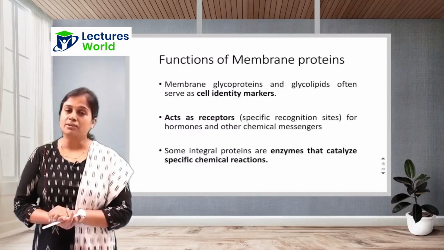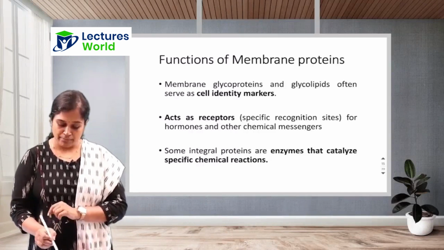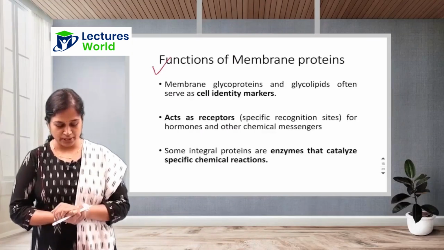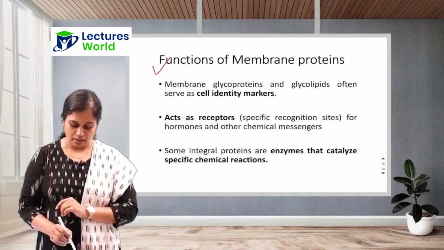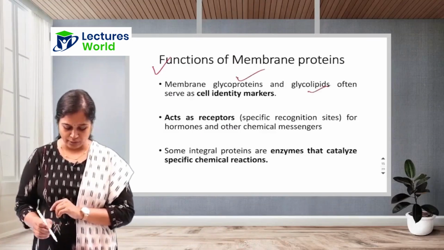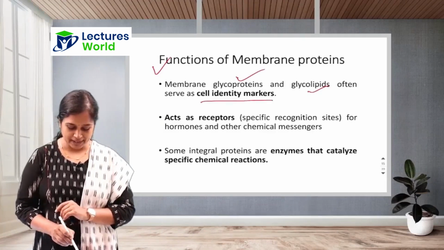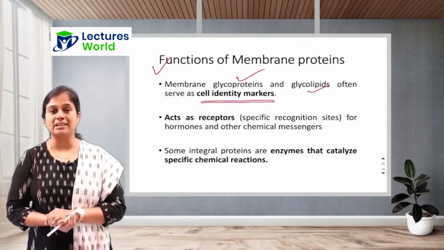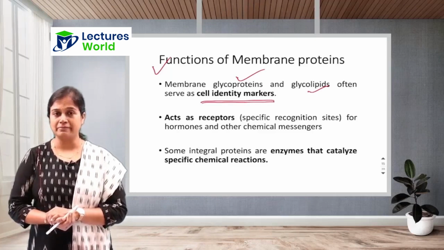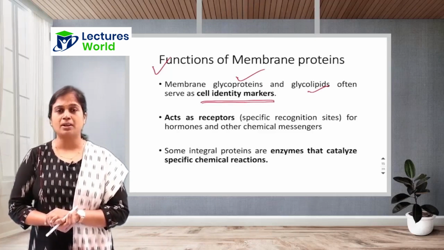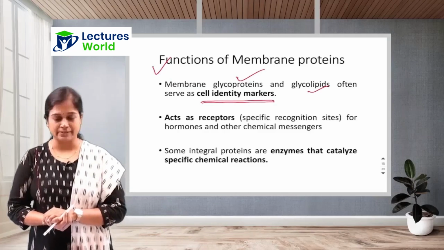Now the functions of the membrane protein. What are the functions of the membrane protein? The first function is that the glycoproteins and the glycolipids serve as a cell identity marker. That means it identifies self and non-self cells. It differentiates between the self cell and the non-self cell.